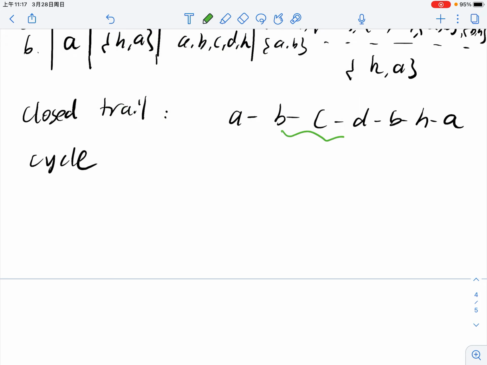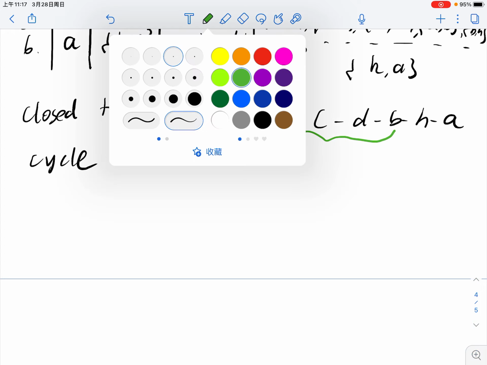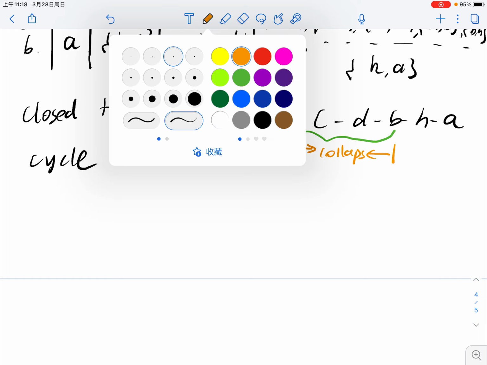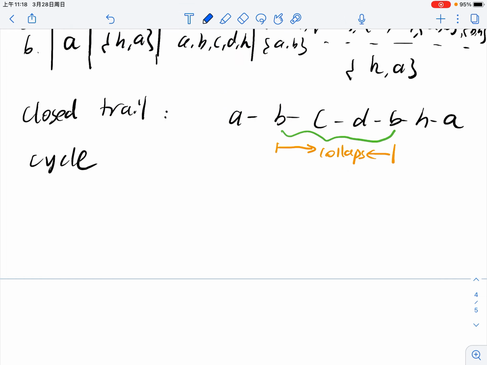So here you have a repetition, and therefore you can just collapse, which gives you A, B, H, A, because you collapse everything in between the two B's.